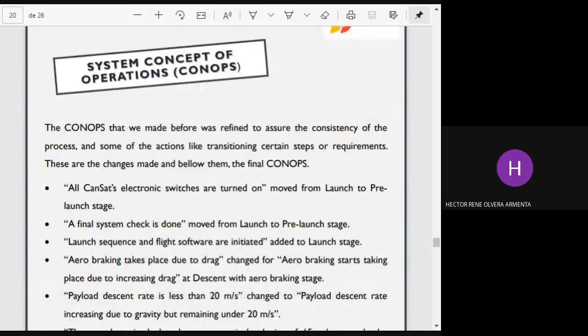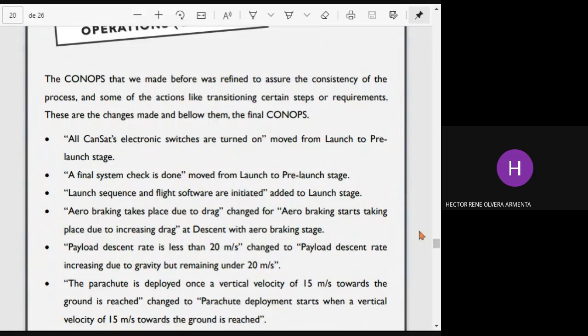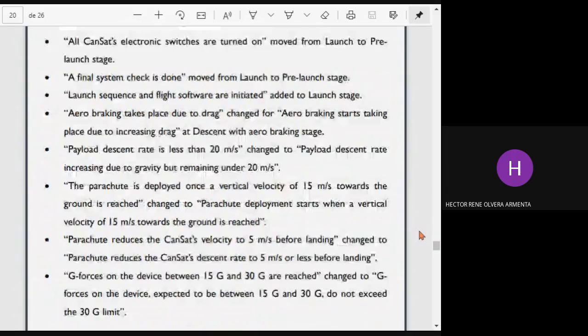Here we have still the CONOPS, and the CANSAT electronics switches are turned on, moved from launch to pre-launch stage, a final checkdown checklist before we move to the launch or the pre-launch.